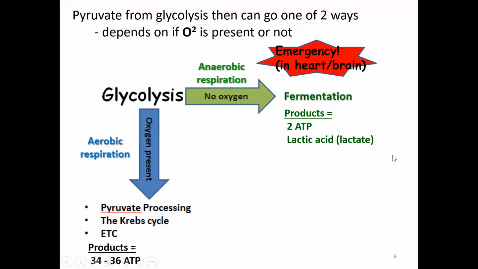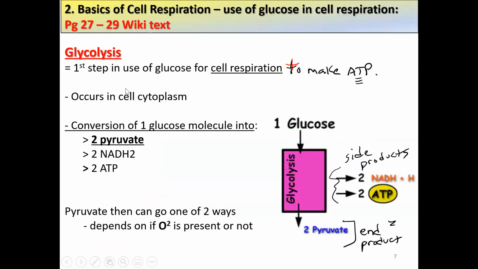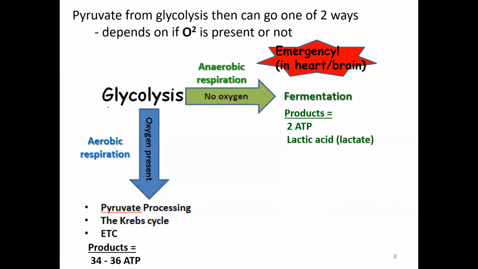Okay. So I made another simple diagram because I like simple diagrams because I hate complex ones. It doesn't have to be that complicated. So glycolysis has happened, and let me correct this. The main product is 2 pyruvate. Once you make pyruvate, which is an acid, it can go one of 2 pathways.